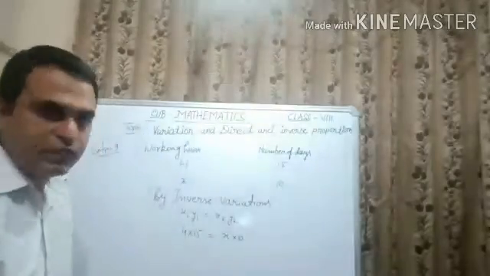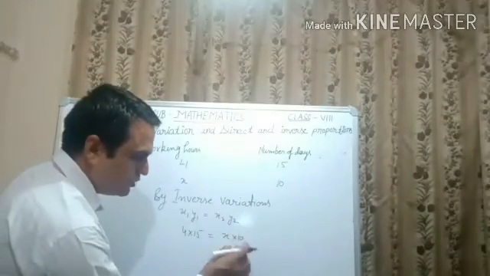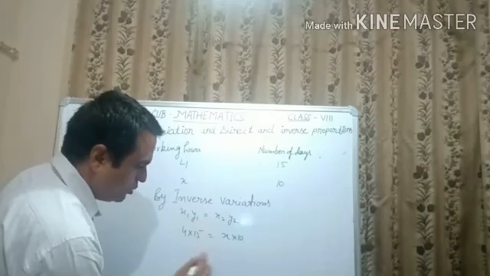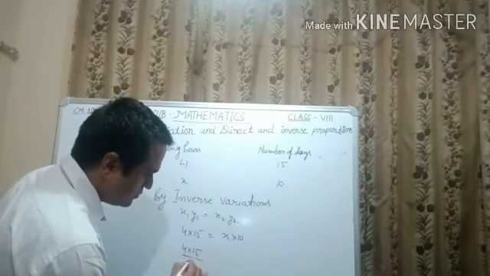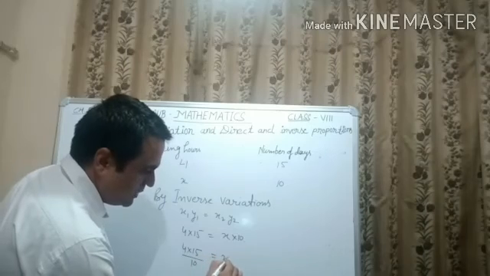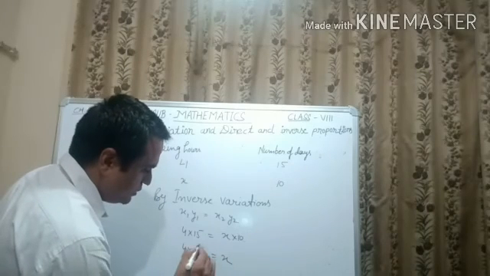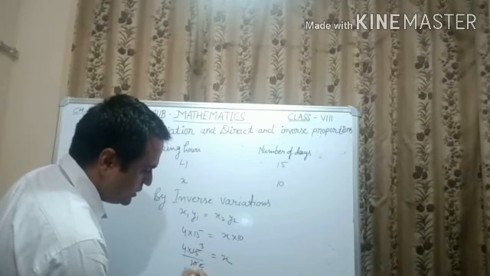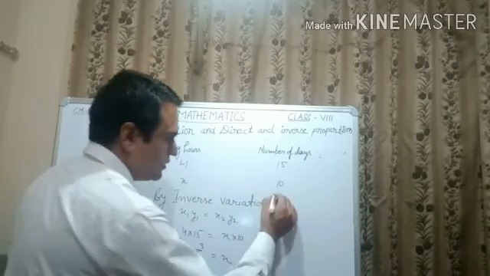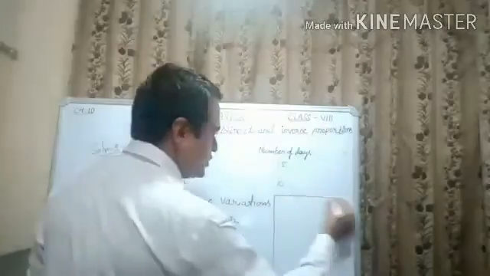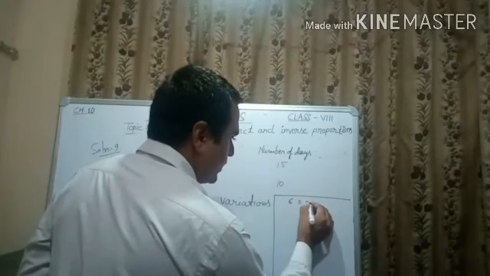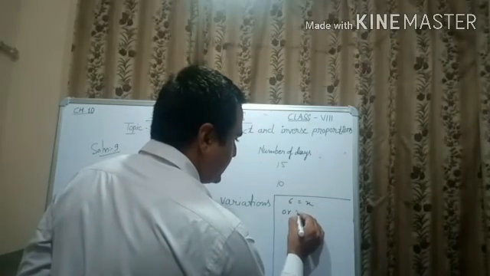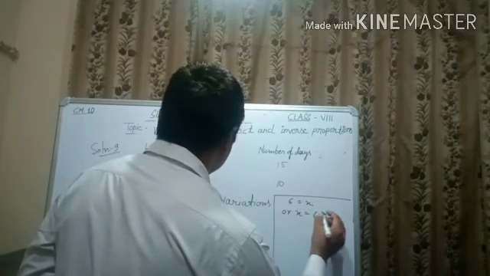Now we have to find the value of x. Now you have to write 10 in the denominator of these two values. Convert into simplest form. 5 3s are 15, 5 2s are 10, 2 1s are 2 and 2 2s are 4. I am solving the question here. 3 2s are 6. 6 is equal to x, or we can also write x is equal to 6 hours.